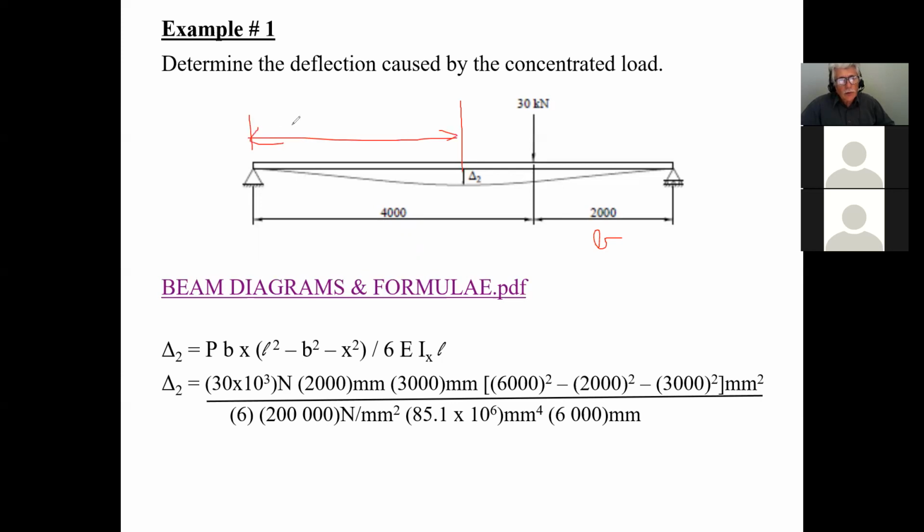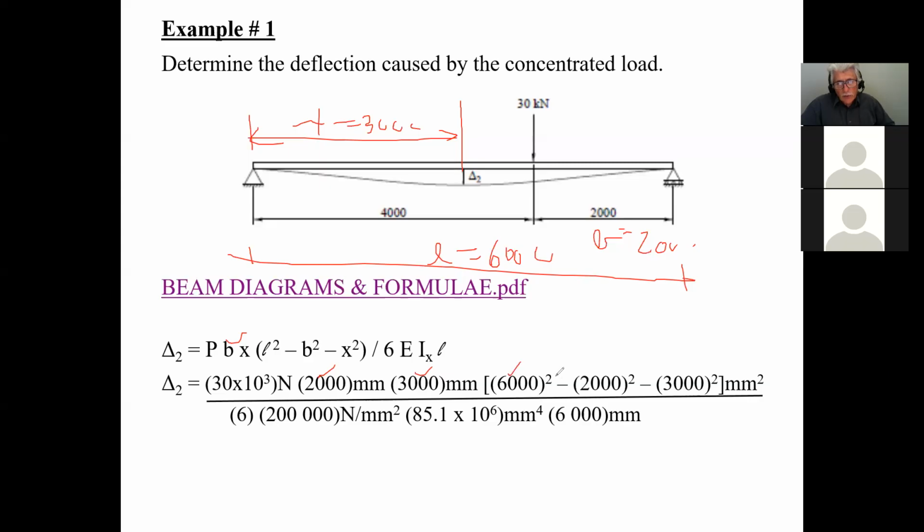So this here is x, that's 3,000. The value of B here is 2,000. And L always represents the span in these formulas, so L here is 6,000. So B is 2,000, x is 3,000.